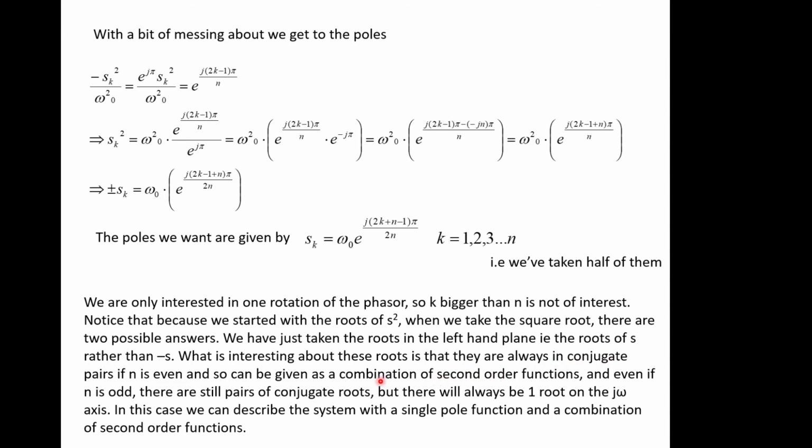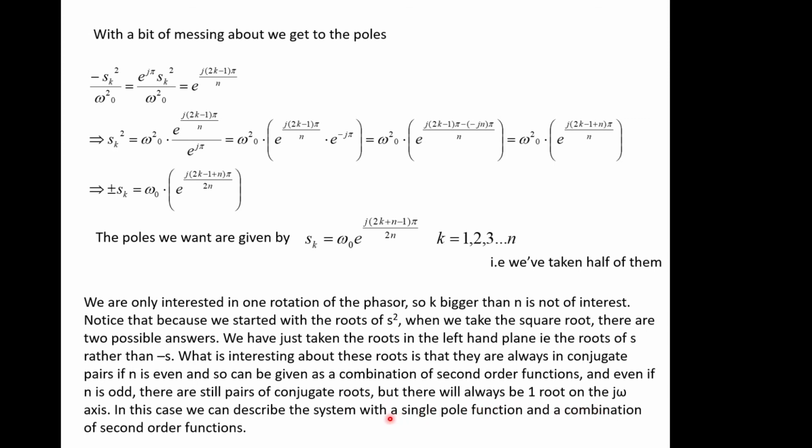conjugate pairs if n is even, and if that's the case, we know that a conjugate pair can be expressed as a second order function. We just looked at that. So even if we've got multiple pairs, that just means it's multiple forms of second order functions. So we can cascade second order functions together. And even if n is odd, there are still going to be pairs of conjugate roots, but there will also be just one root on the real axis, which is a first order system.